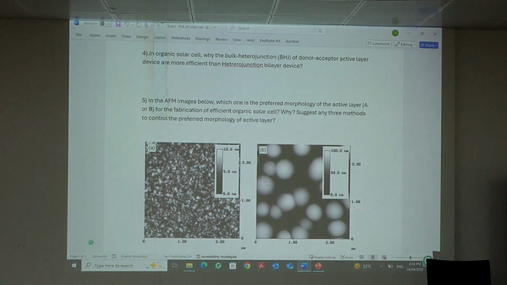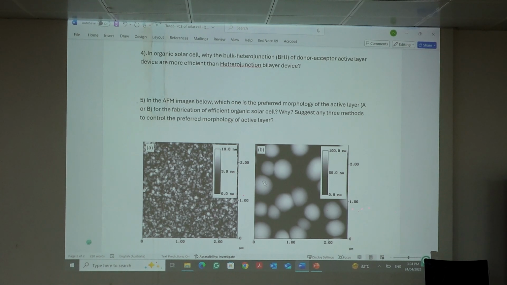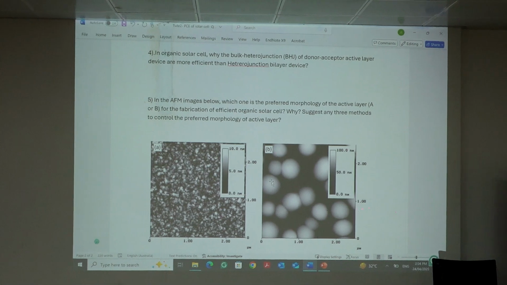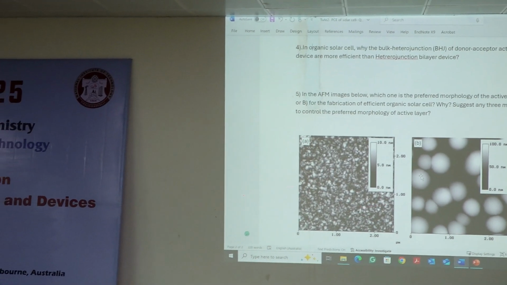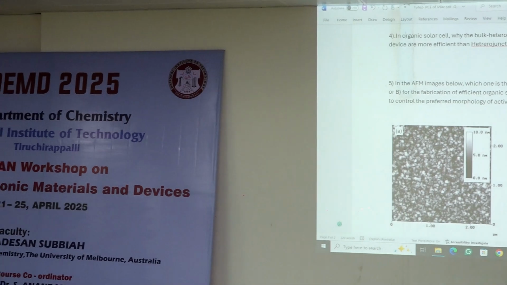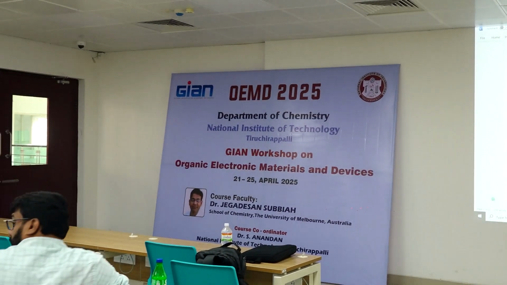Why bulk heterojunction? When you have a planar heterojunction, they may not mix properly. In bulk heterojunction the junction surface area will be much more, and the grain size will be less than the mean free path. There is one more term I am expecting.